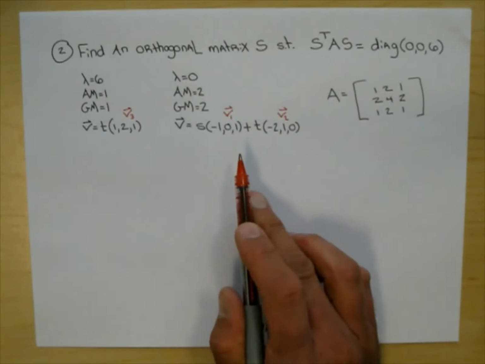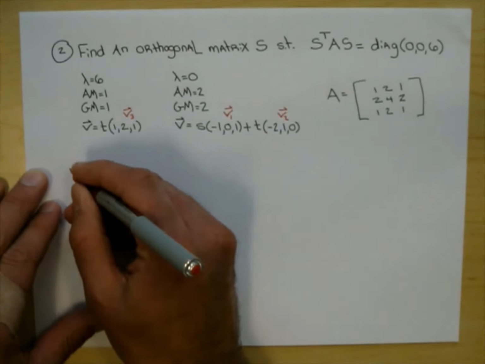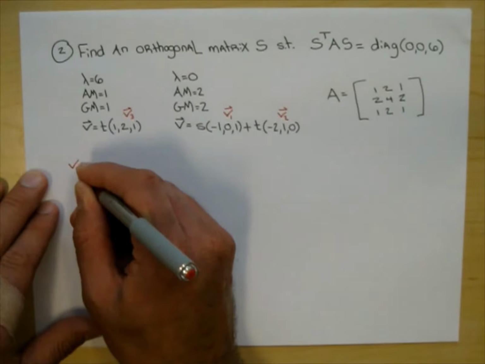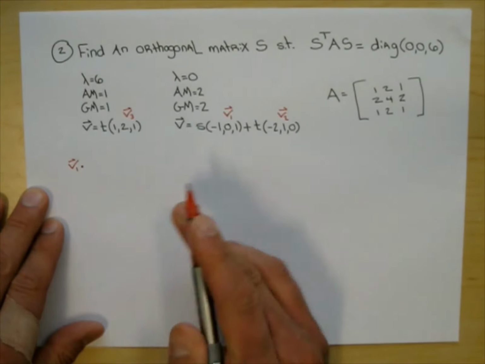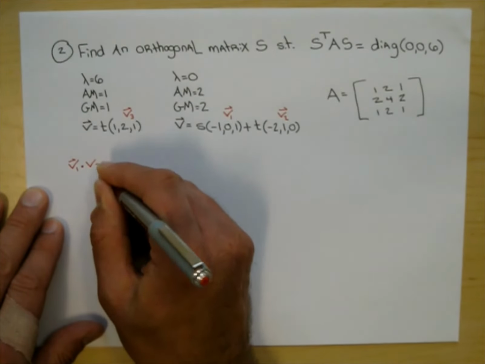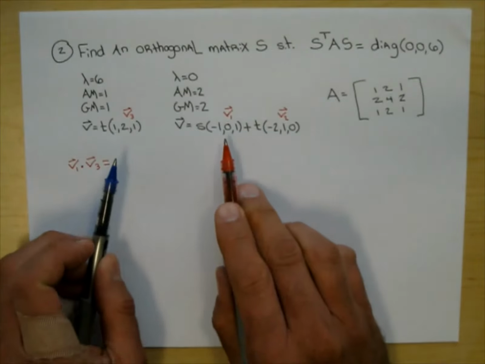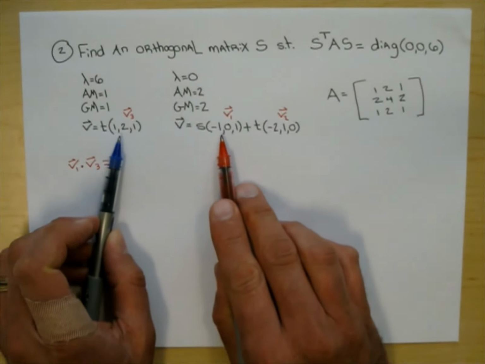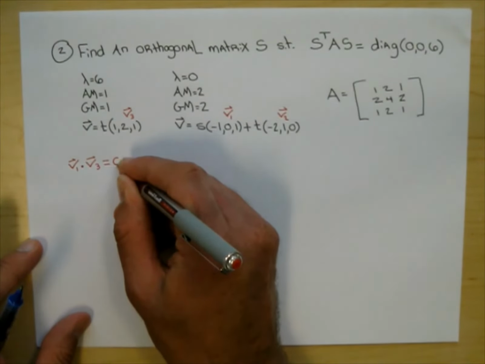Let's explore something here. Let's take a look at some dot products. V1, that's this guy right here, dotted with V3. That's what I wanted to show you. Well, what is it? Let's take the dot product. It is negative 1 plus 0 plus 1, so that is 0.